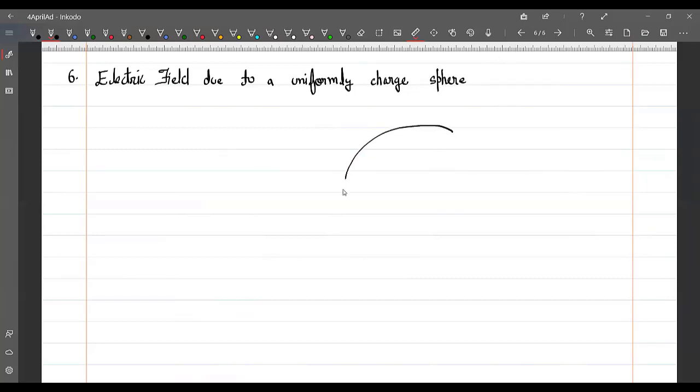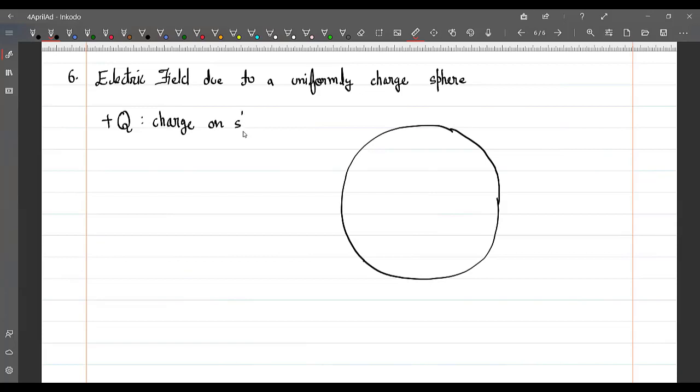So let us say a sphere has been given, and the total charge on this sphere is plus Q, which is uniformly distributed.